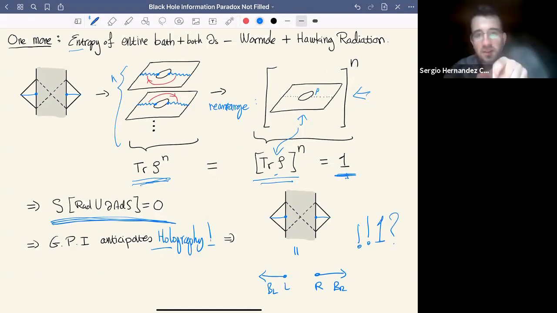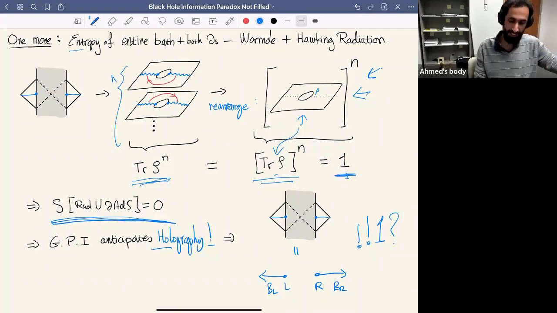Yeah, so I had a question about the n copies that you have of just a single boundary. Could you not, in principle, have contributions of wormholes connecting all of those, and those would spoil your argument for getting one?